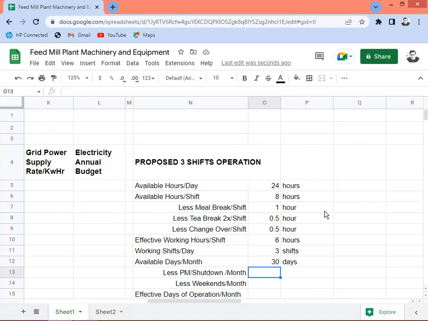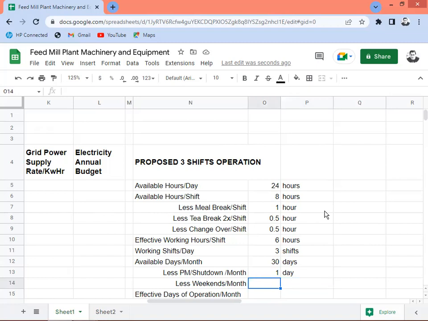That is part of the PM. And also cleaning. We're gonna clean the plant, all the machines. So that would be 1 day in one month only. This is the job of the engineering department or the maintenance department.